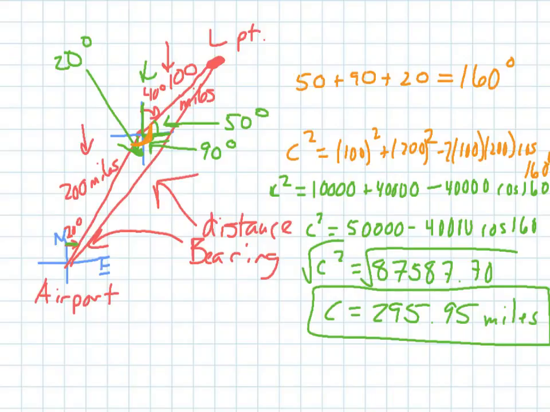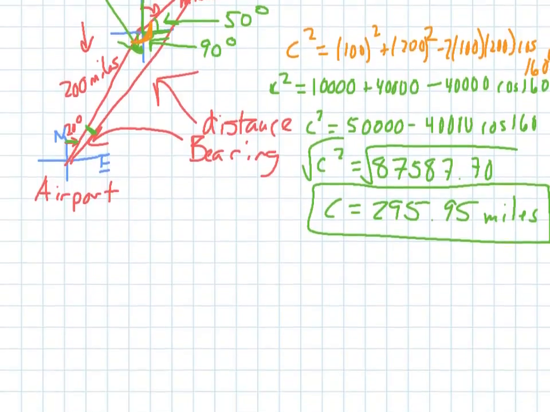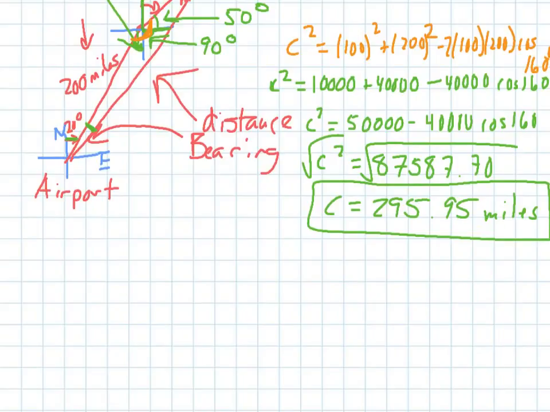Okay, now I want to be able to find the bearing. So what that means is I need to find out this angle from that side that's 200 to the side that's now, we know that's 295.95 miles. Okay, so to make sure we don't bring in the ambiguous case, we need to use our law of cosines again. So, since I now have this side, I want to know this angle, okay?